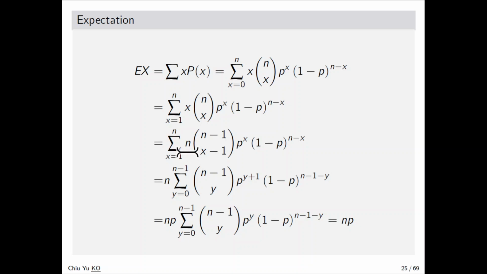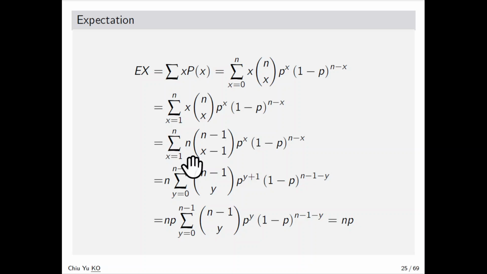Why do we want to do that? Because you can take the n out, and we can replace x minus 1 by y. So x is y plus 1, and we substitute everywhere. Then x from 1 to n means y from 0 to n minus 1.